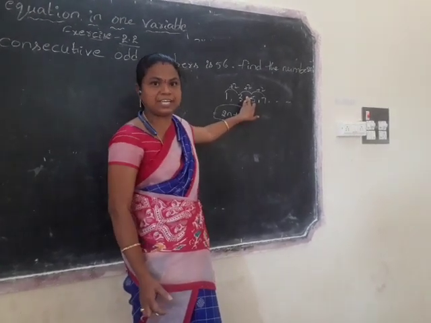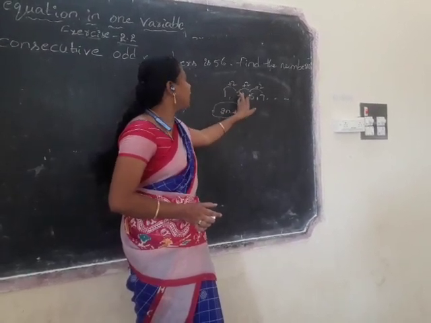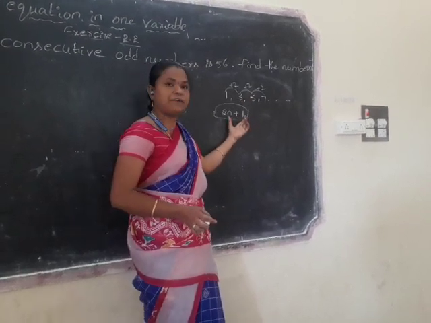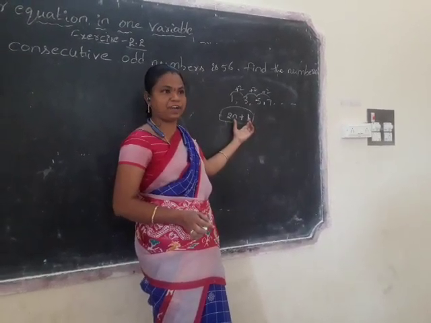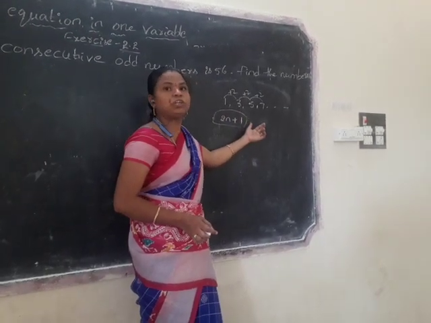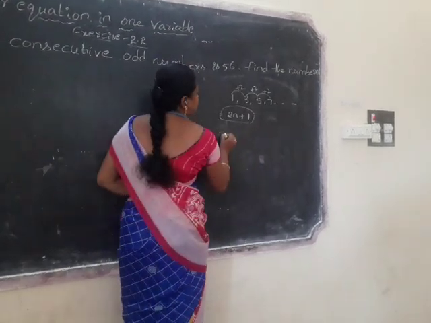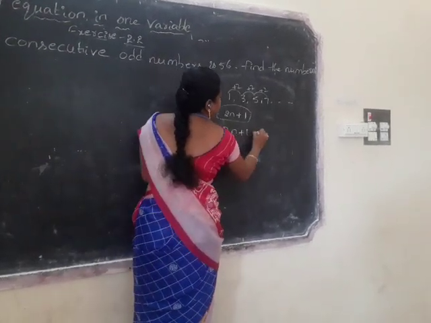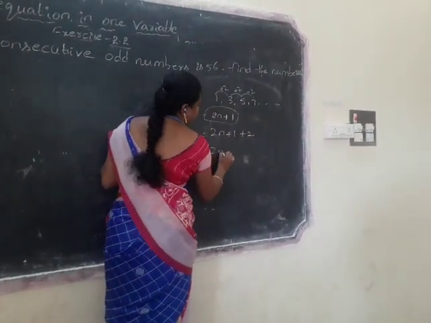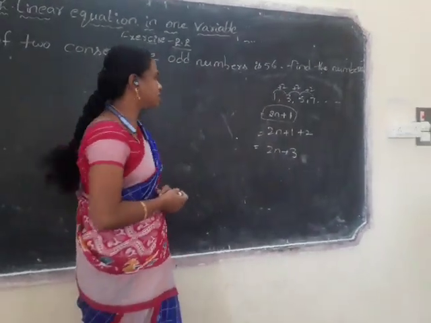Okay students, do you understand? To every odd number we add 2 to get another odd number. Here the general form of an odd number is 2n plus 1. To get the next odd number we add 2: 2n plus 1 plus 2 is 2n plus 3.